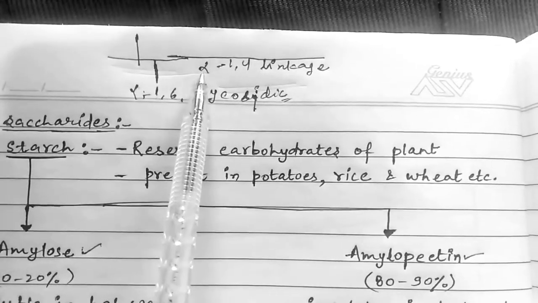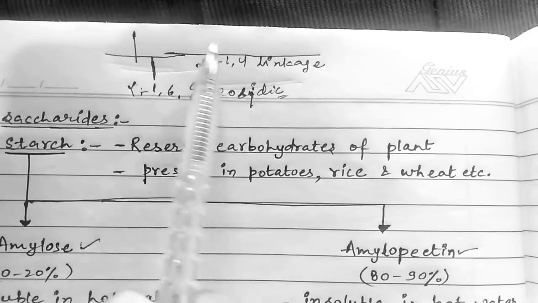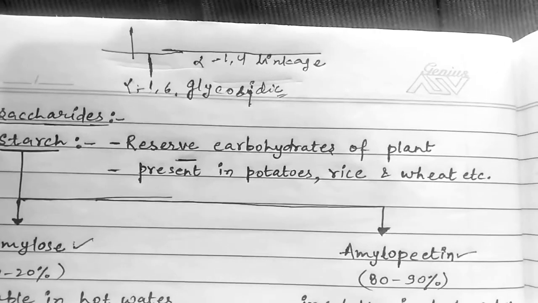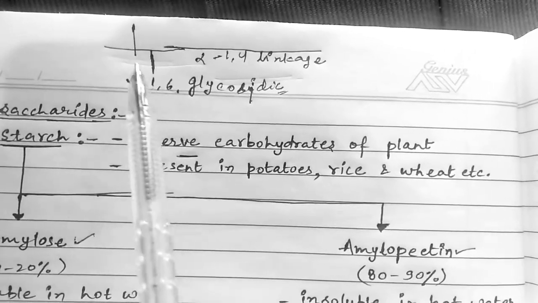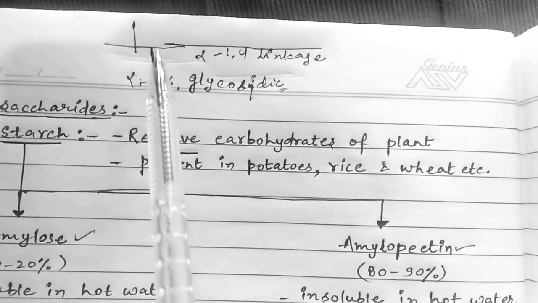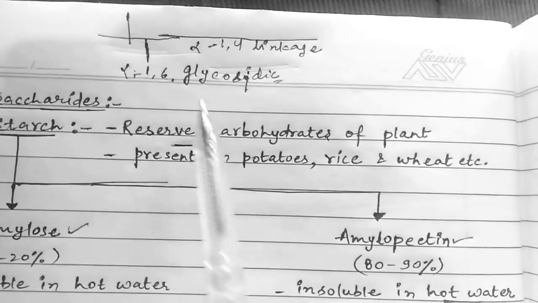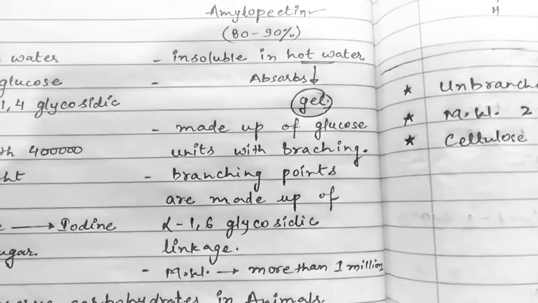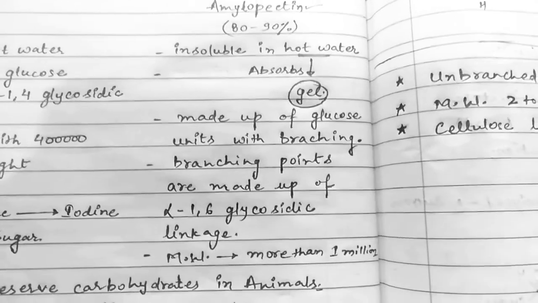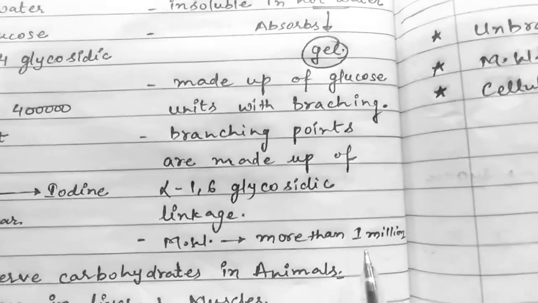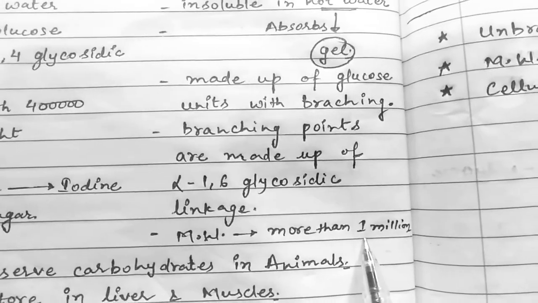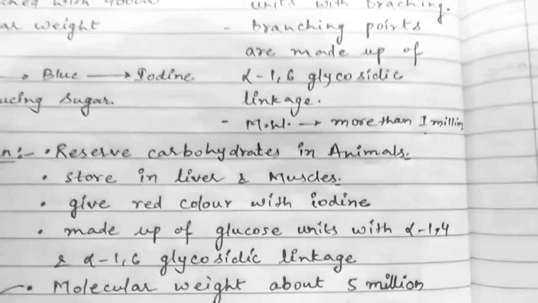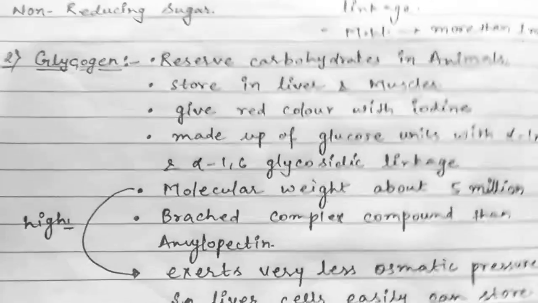The straight chain always has the alpha 1,4 linkage, and the branch point has 1,6 glycosidic linkage. So these two bonds are present inside the structure of the amylopectin, and the molecular weight of amylopectin is about 1 million.